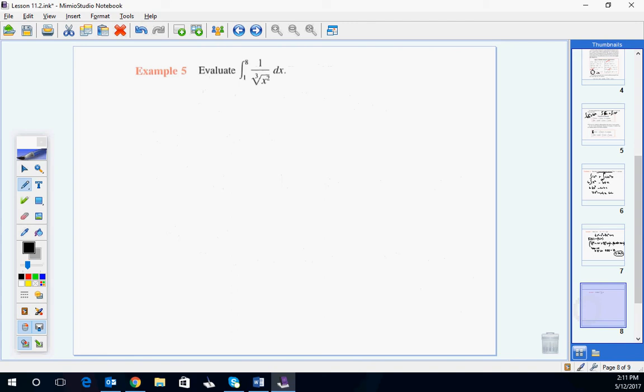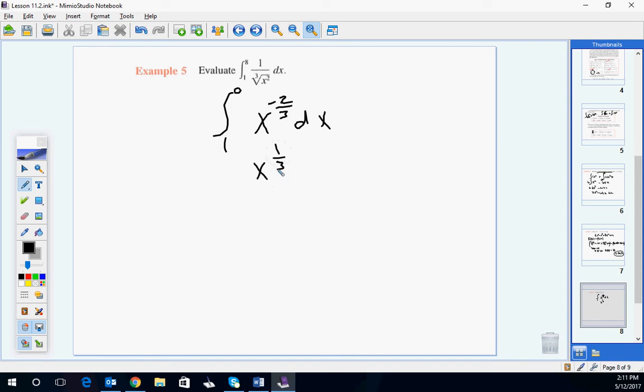So this one actually looks really hard, but it's not too bad because we're just going to write it like this. So if it's a negative 2/3 now, what was it before? A 1 over 3, yes.